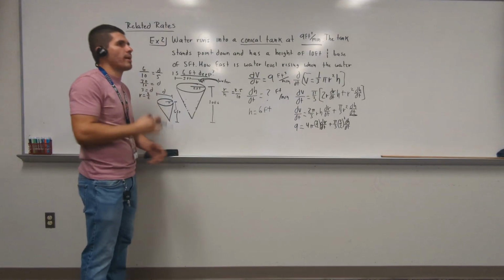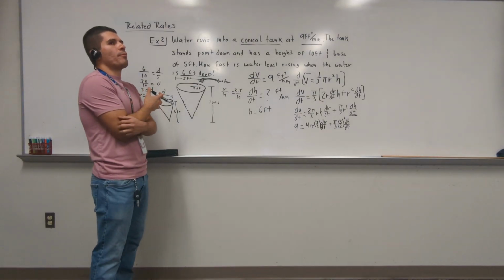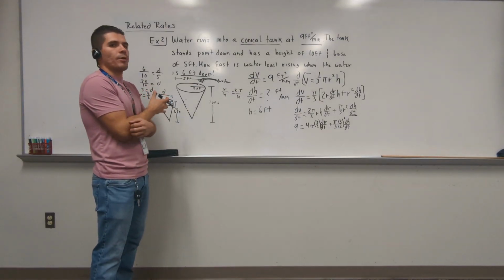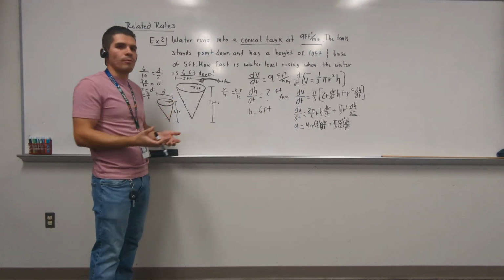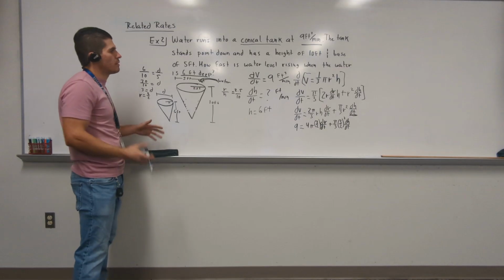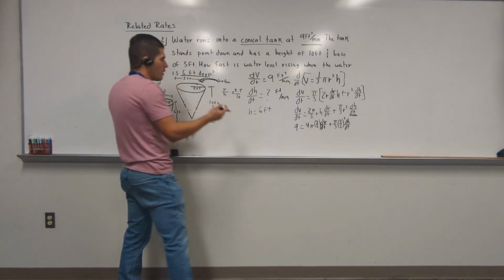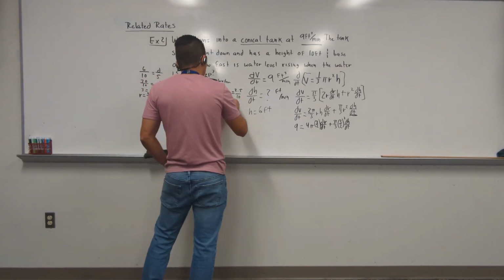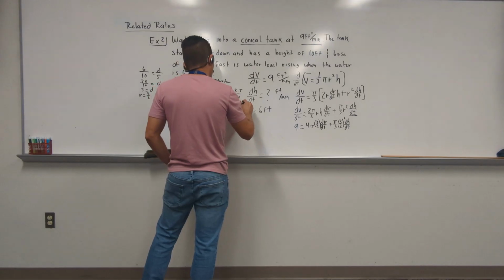Now I want you to think about why I did this. I wanted a proportion that holds regardless of what the height or the radius is at any time, not specifically at 6. So I'm going to cross multiply, and I get 10r is equal to 2.5h.